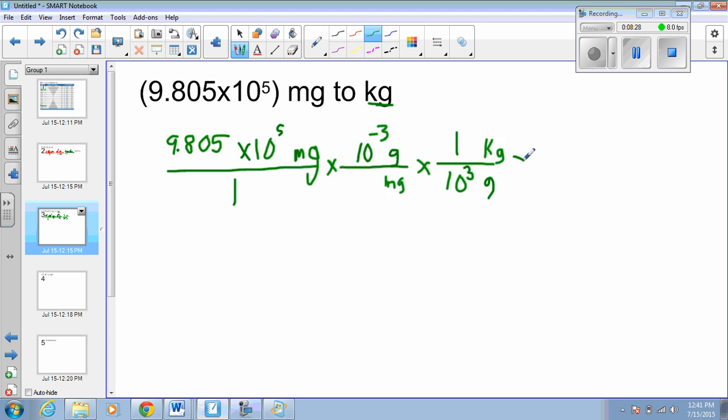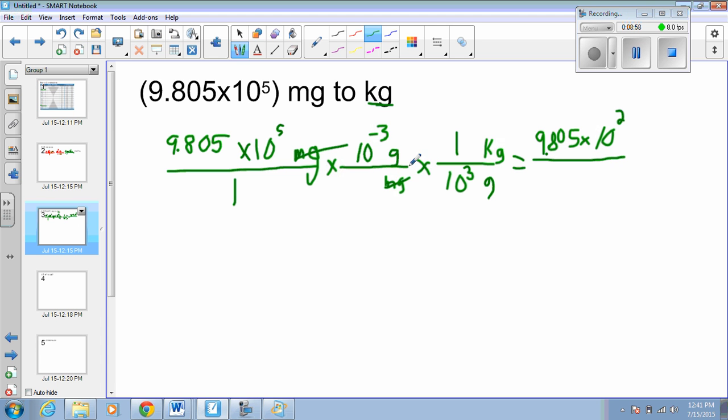Now, if we recall from the scientific notation video, when we're multiplying or dividing, we can just add or subtract our exponents as necessary. So 10 to the fifth times 10 to the negative third is going to give me 10 to the second. And we got 9.805 times 10 to the second on the top.